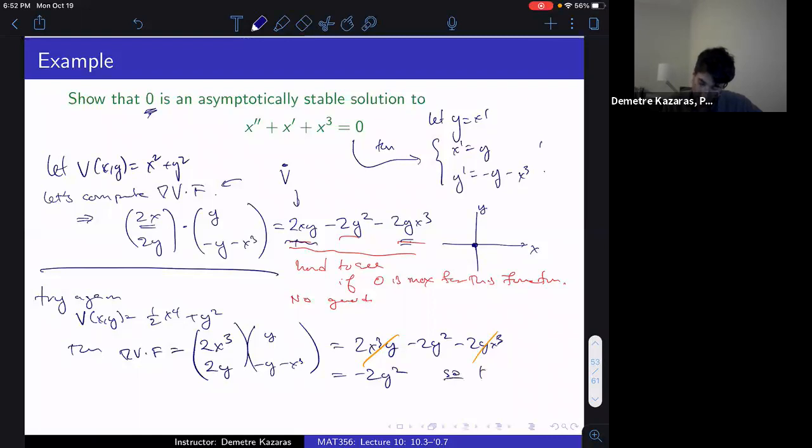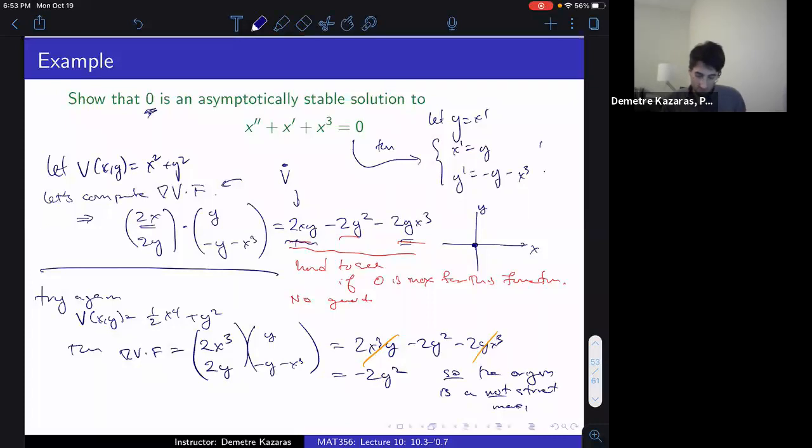So the origin is a not strict maximum, because this v dot looks like a parabola that's been translated along the x-axis, but it's a parabola in y.